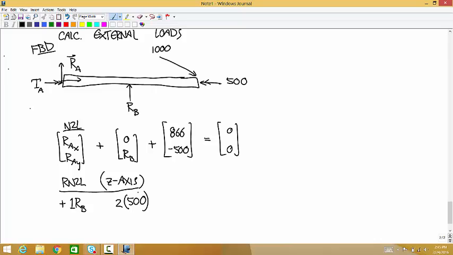And a downward force of 500 there. Would that rotate it clockwise or counterclockwise? Clockwise. So that's negative, because that is the y component of the force.